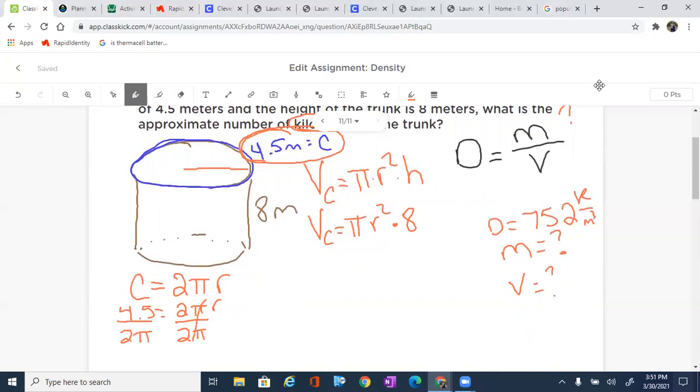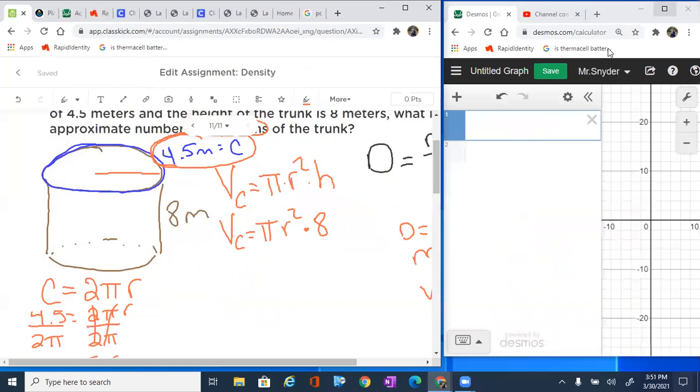So let's go ahead and do that. r will come out when we divide by 2 pi, so let's go to the calculator and type it in: 4.5 divided by 2 pi. What that gives us is 0.716. How about we use 0.72? So that says that the radius is equal to 0.72.